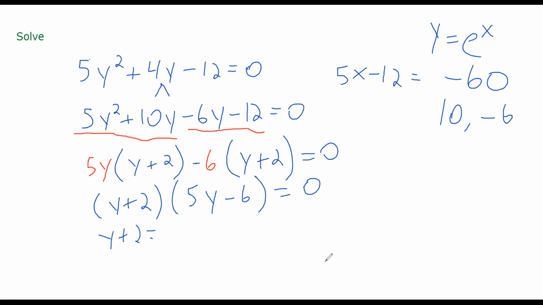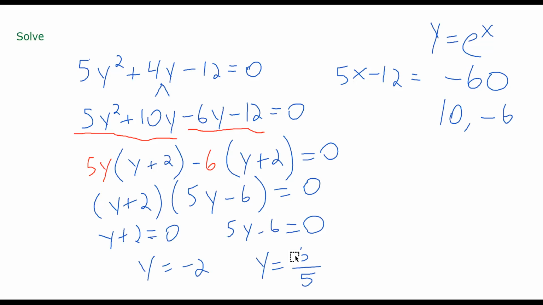Remember, I set each factor equal to 0. And there I add the 6 over and divide by 5.